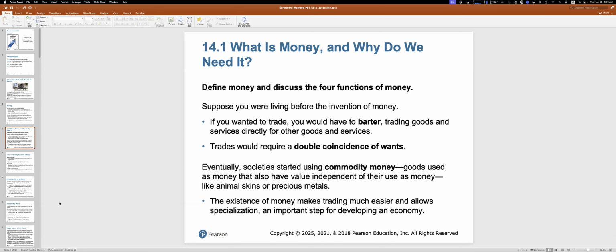But the problem with that is this double coincidence of wants. Let's say you know how to cut hair. Well, I don't have a ton of hair left at this point in my life. So we're going to have a problem where we don't have a double coincidence of wants. You're offering me a haircut and I'm like, dude, I don't have that much hair. And you're like, but I need an economics lecture.